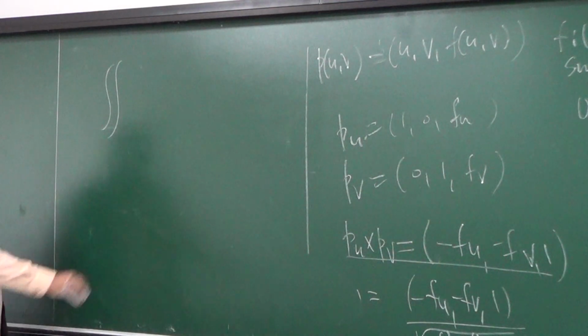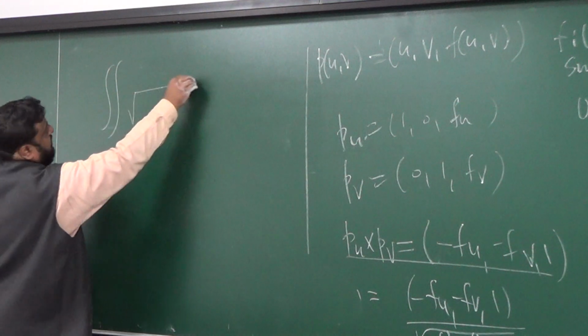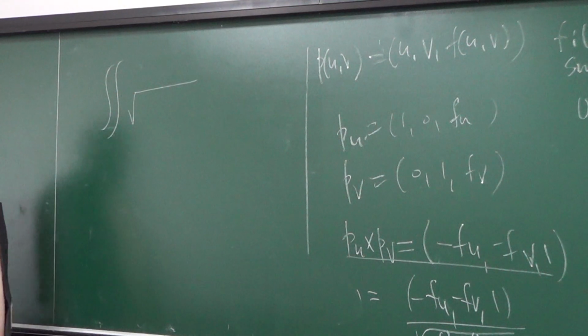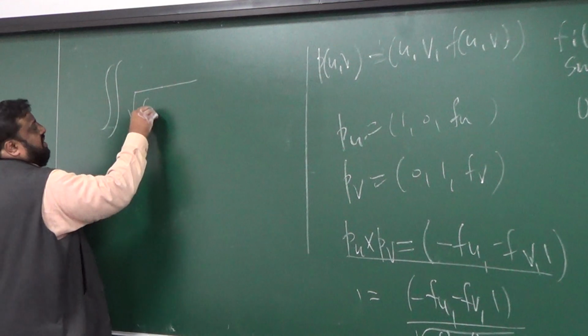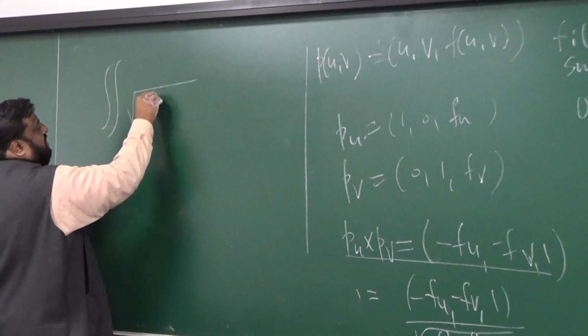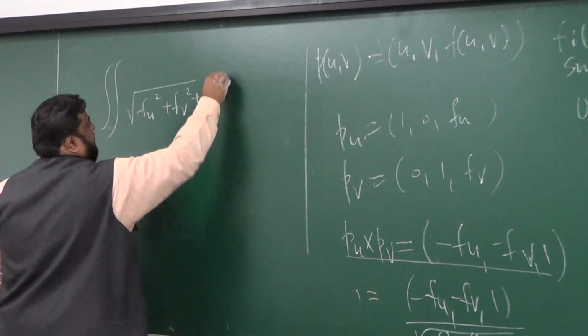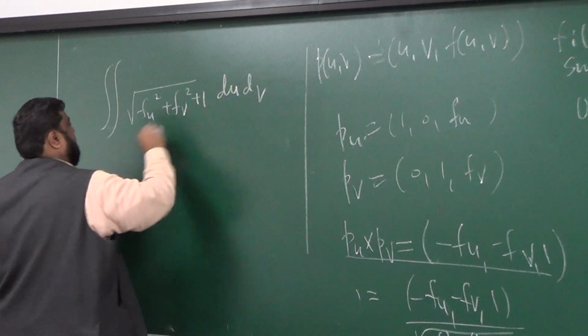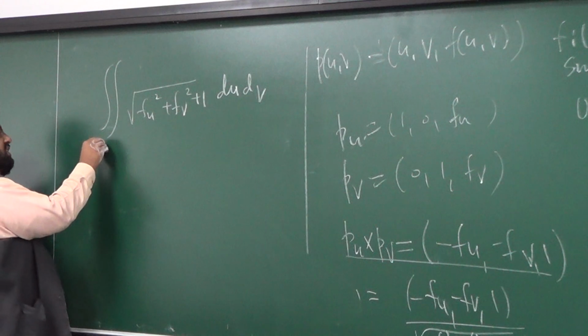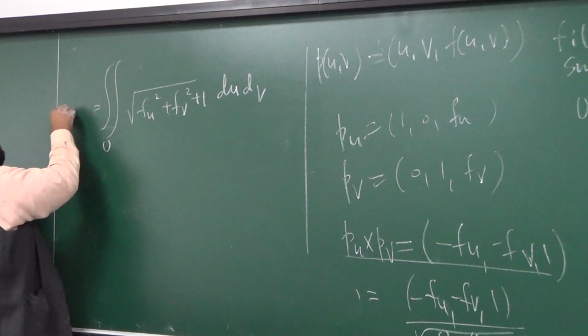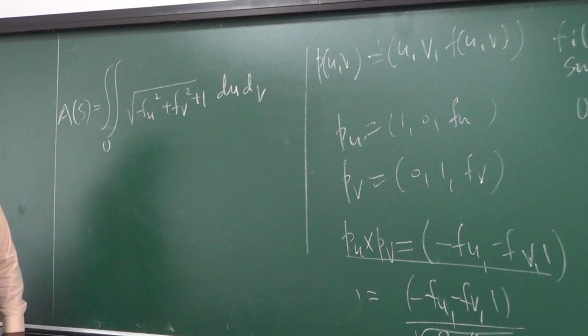So this is going to be the square root of fu square plus fv square plus 1, du dv, integrated over the domain in u and v. So that's really the surface area of a graph surface.